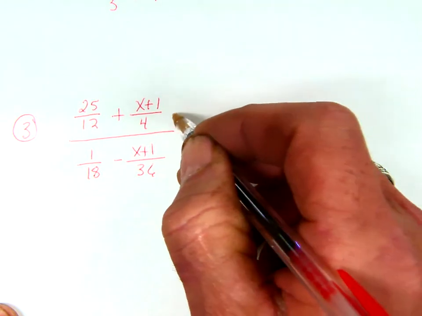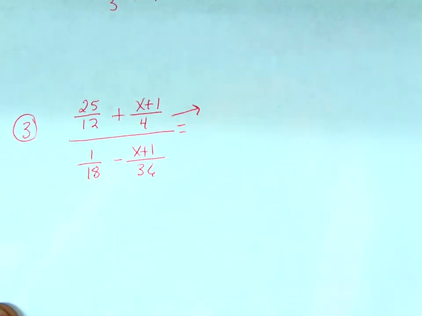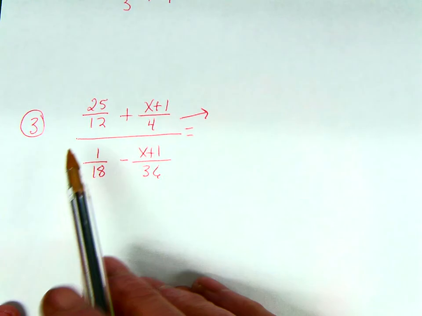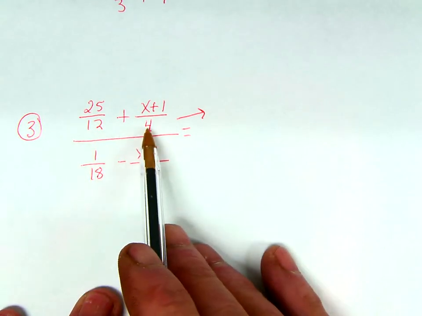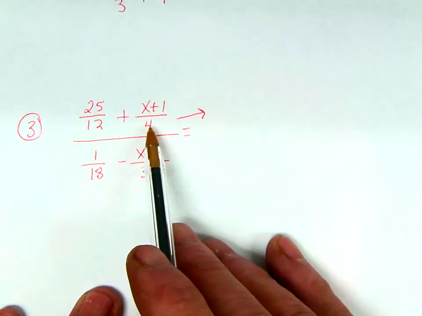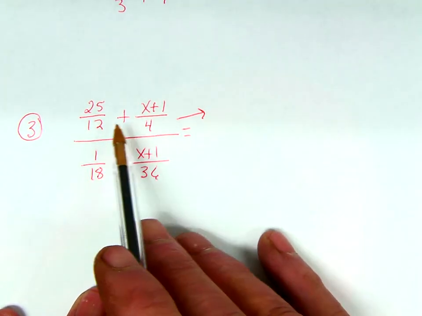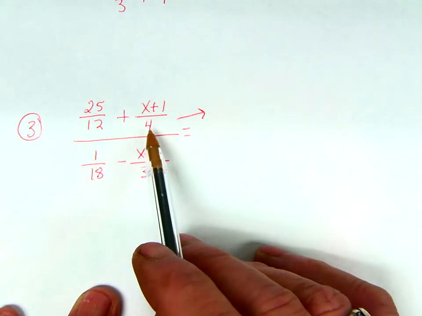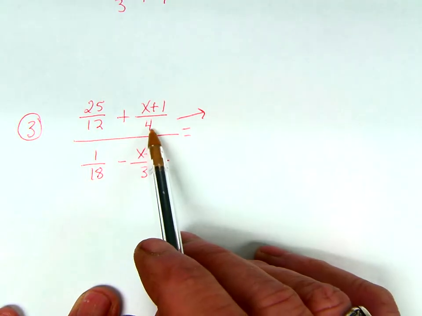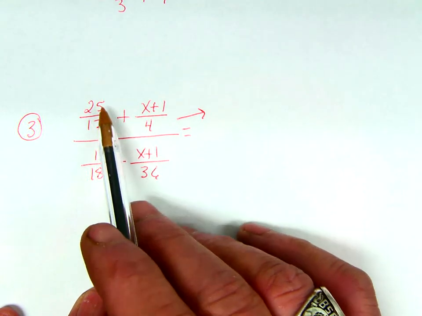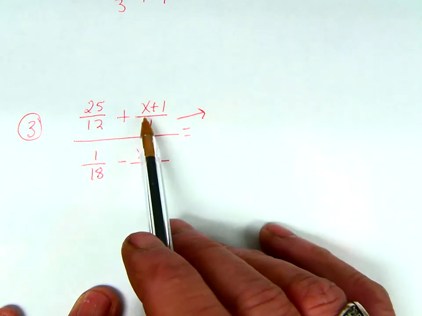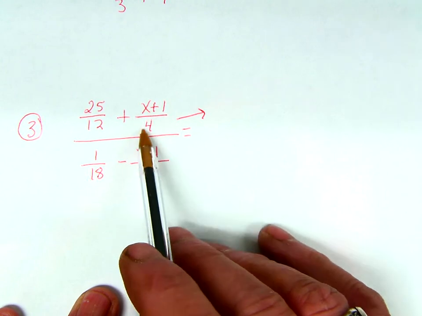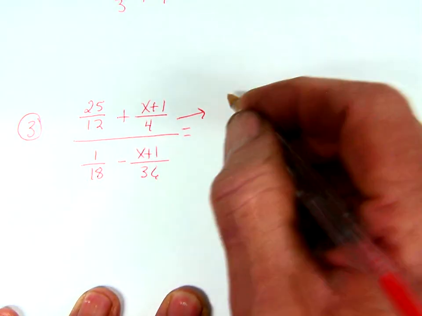All right. Same process. Break these two up. And look what's going on here. I've got a 12 and a 4. There is something I can multiply 4 by to get 12. I can multiply 4 by 3 to get 12. So I'm not going to have to change this fraction in any way. I'm just going to change this one right here by multiplying the top and the bottom by 3.